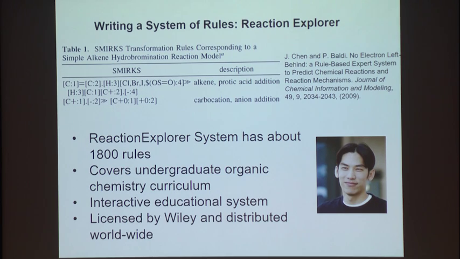So we built this system, and it's actually used in education. It's distributed by Wiley because we turned it into an interactive system where students can practice how to predict chemical reactions and how to do it in the reverse direction for retrosynthesis, etc.